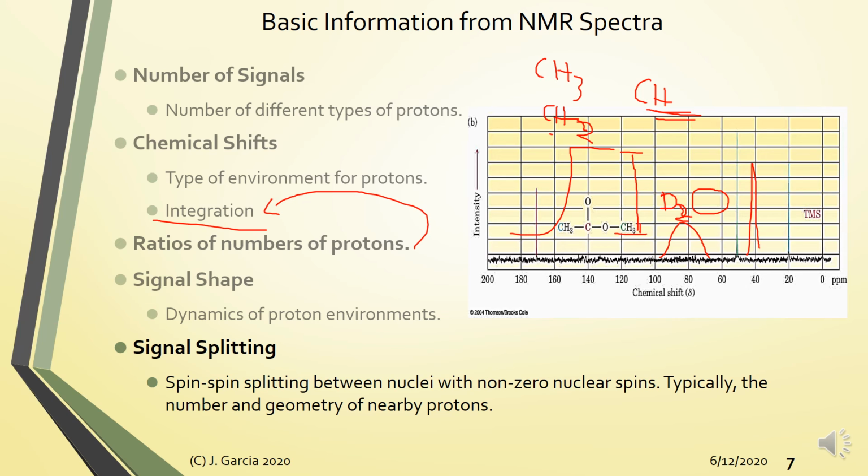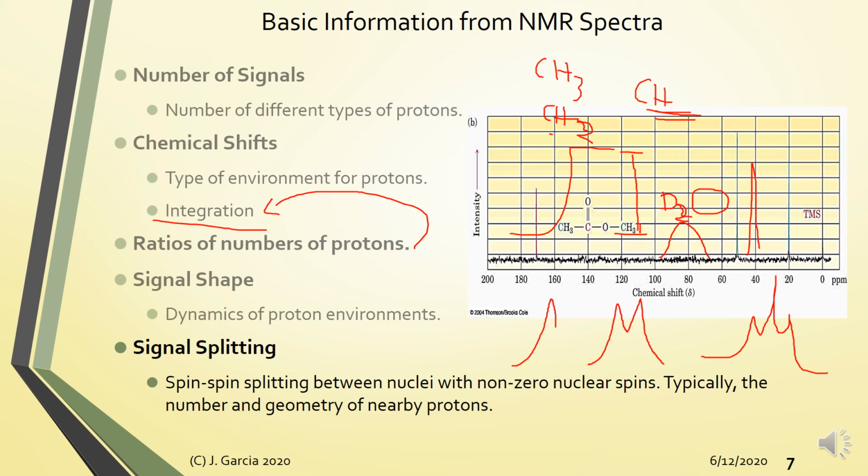So signal splitting refers to the doublet, quartet, triplet type of signal. So instead of just seeing a single peak, if you have a doublet, it looks something like, I can't draw it properly. That, so you have a doublet. If you have a triplet, so you have a triplet. Okay?